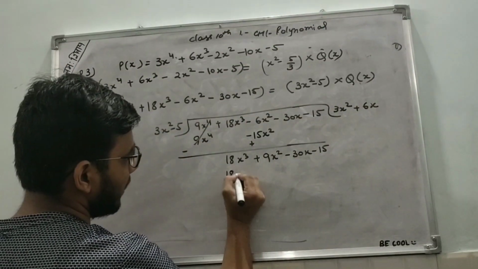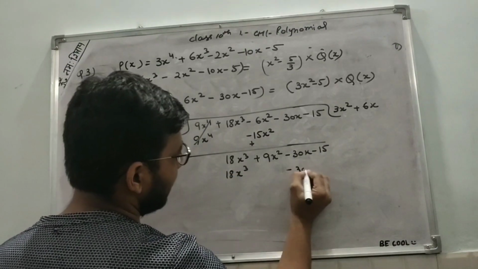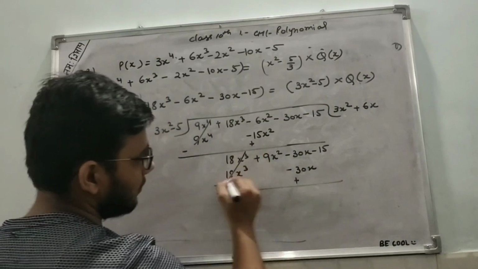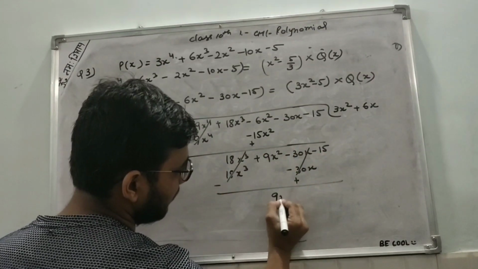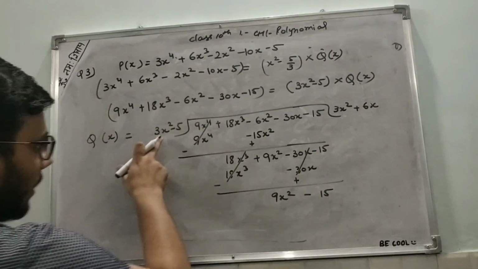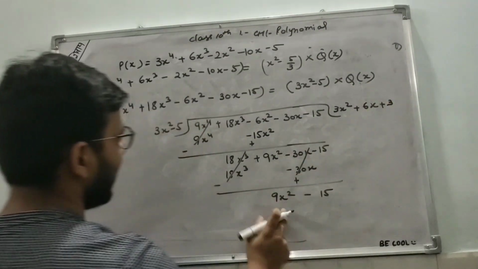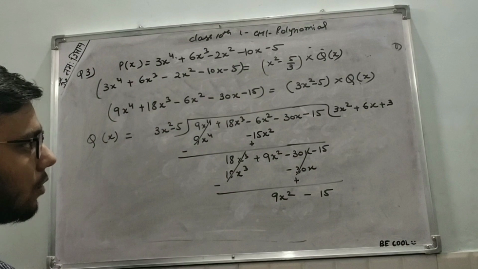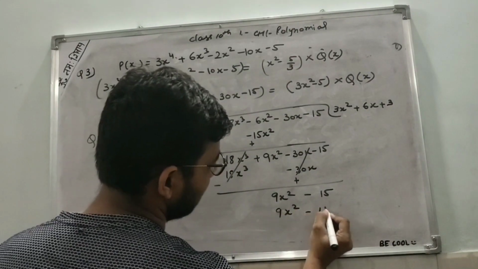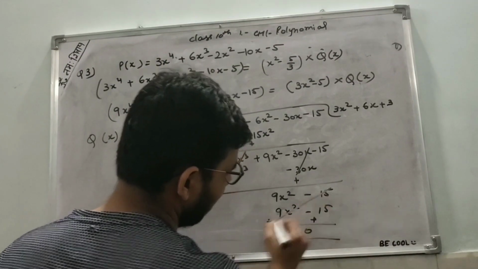We get 18x^3 - 30x. This is minus, this is plus, so this cancels out. It becomes 9x^2 - 15. Now 9 by 3 gives you 3, and x^2 by x^2 is 1, so only 3. Multiply by 3: 9x^2 - 15, minus and plus gives you 0.